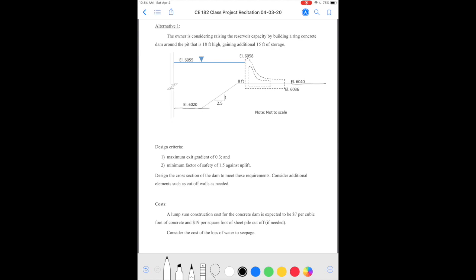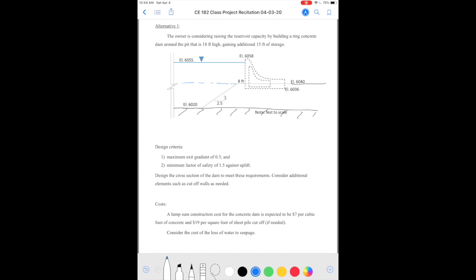So for all practical purposes, we can assume that below this it's impermeable. So we have initially 20 feet of water, and if we raise that capacity by another 15 feet, then the total height of water will become 35 feet, from elevation 6020 to elevation 6055.